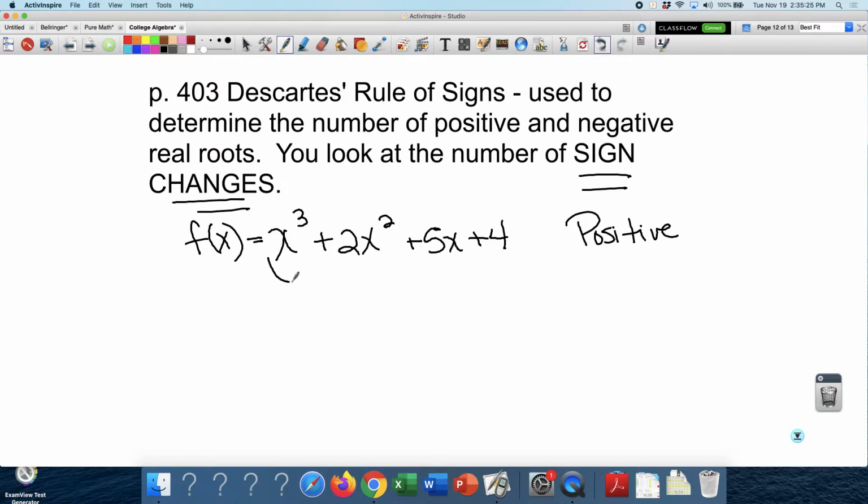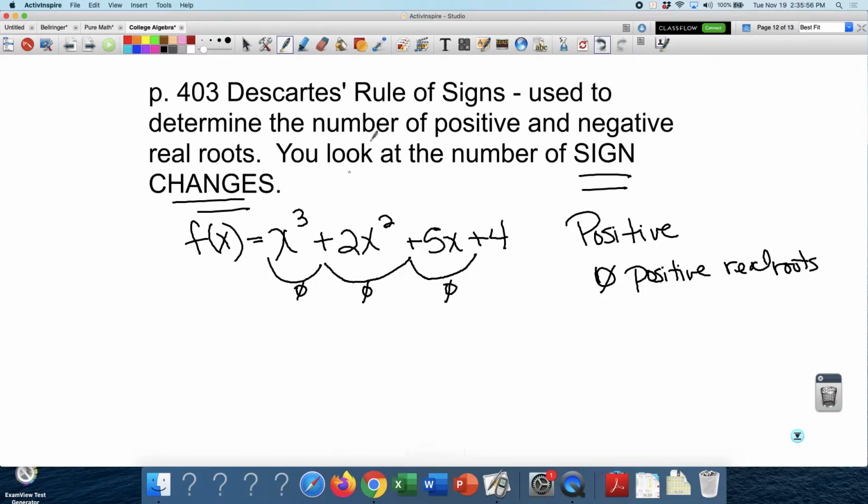Well, this one's assumed positive, positive to positive, no sign change. Positive to positive, no sign change. Positive to positive, no sign change. So therefore, there are no positive real roots. So that means if you have your possible rational roots, you don't check any of the positive ones because none of those will work. So now let's see what happens for the negative.